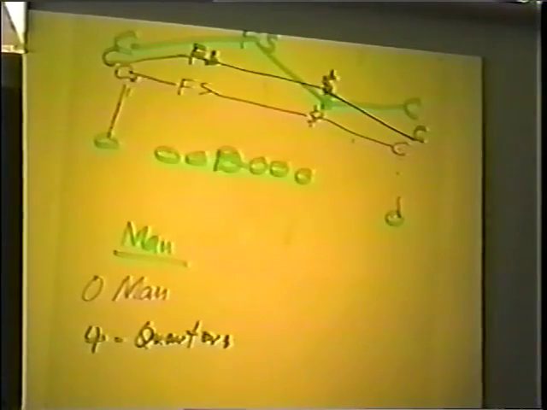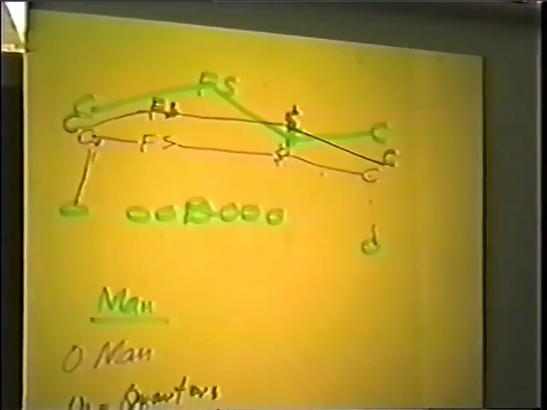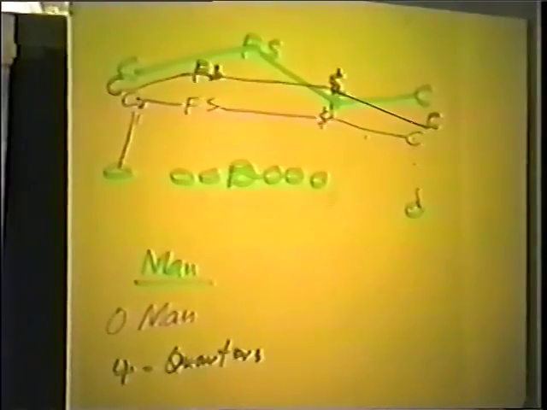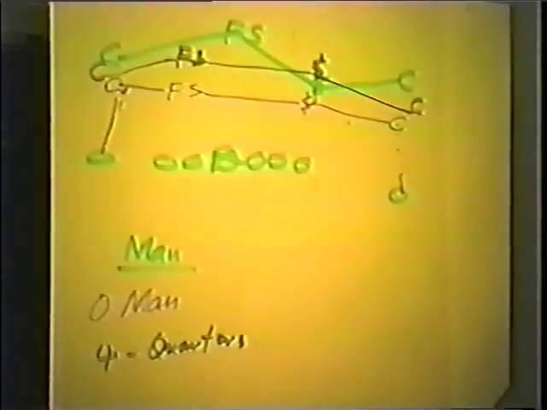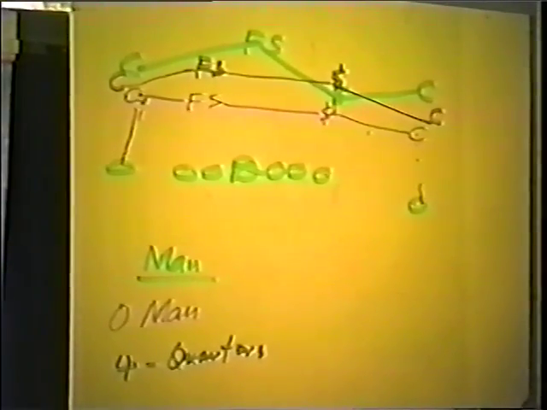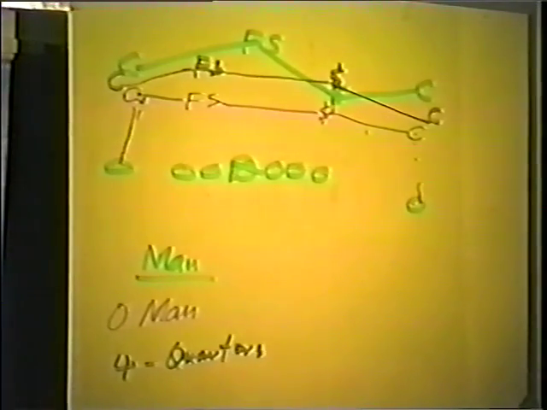So you've got different configurations that are going to tell you something. It's like geometry. You've got to relate it to geometry a little bit. You draw lines between the secondary people, and if you can tell the corner's relative position on the receivers, those are 2 key clues you're going to get as to whether it's man or zone.